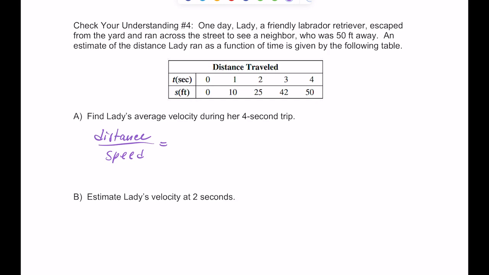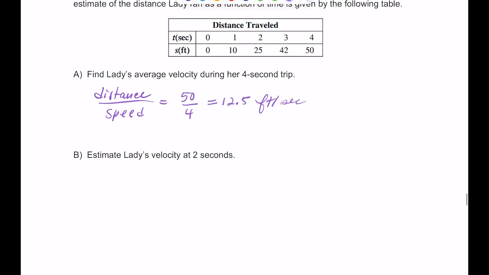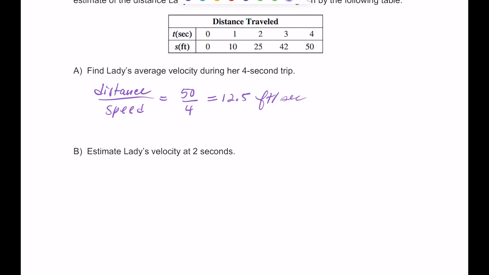And that's going to give me 50 divided by 4, which is 12.5, and it's feet per second. So that was Lady's average velocity. She was running 12.5 feet per second during her 4-second trip.